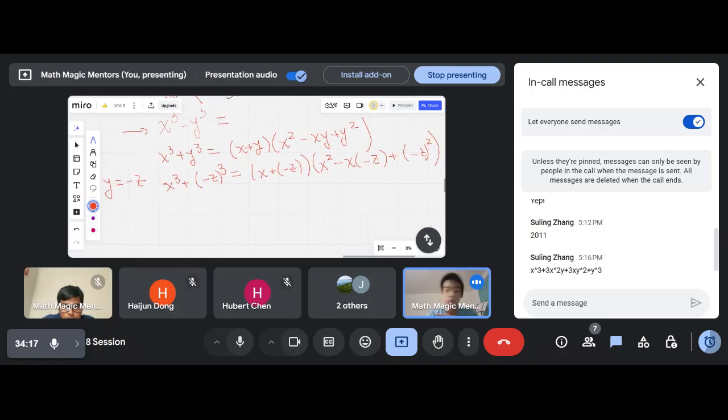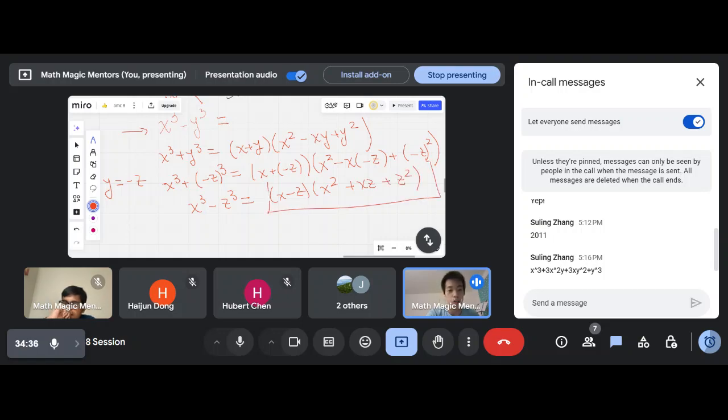So now let's just simplify this expression a little bit, clear things up. We'll get x cubed minus z cubed equals x minus z times x squared plus xz plus z squared.